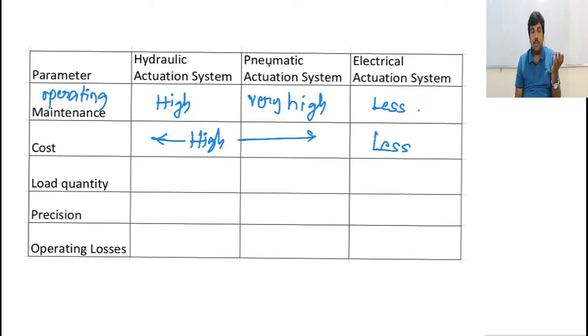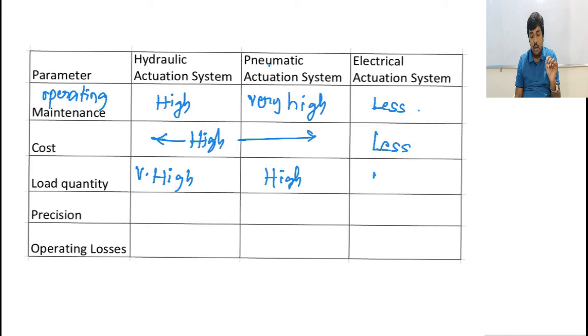Now the load quantity, that means how much load we can displace angularly or linearly. So indirectly I'm talking about the output power. Output power of the hydraulic actuation system is very high. So let me write this as V high, and this part is high, that is, the pneumatic actuation system is slightly less compared to the hydraulic actuation system.